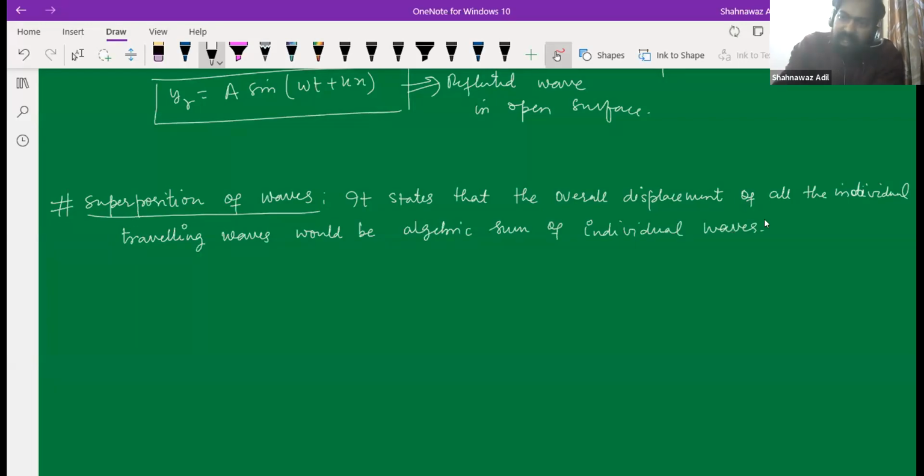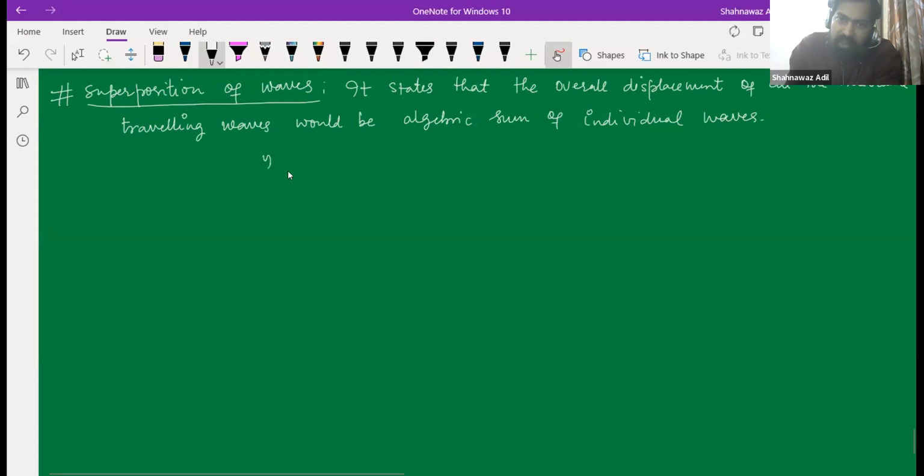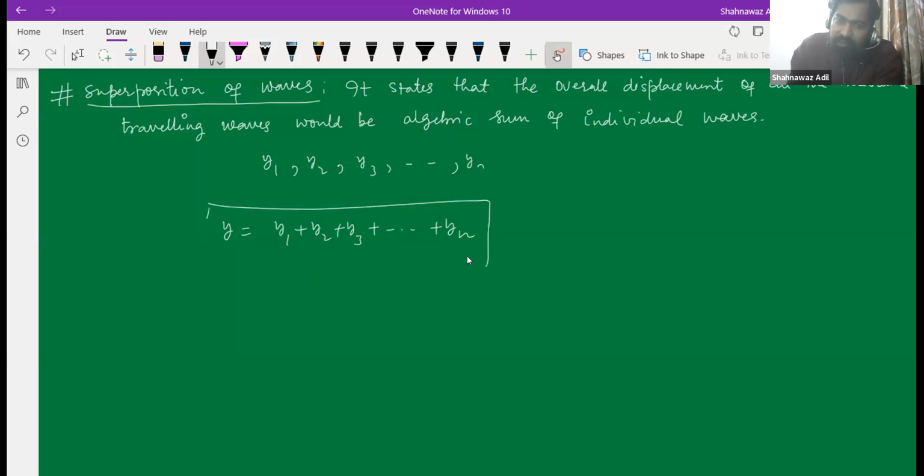What does it say? Let's say you have displacements y1, y2, y3, and so on, up to yn. So the total displacement would be just y1 plus y2 plus y3 plus and so on. This is the superposition, right?